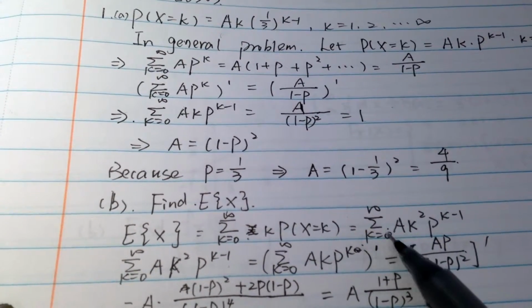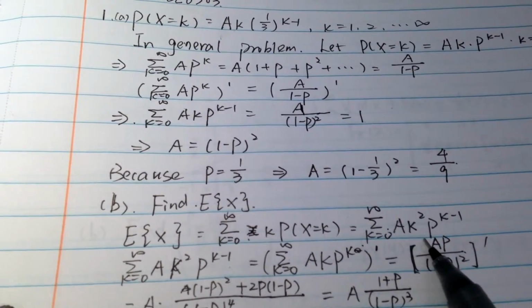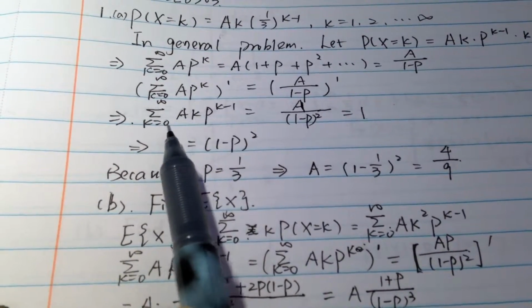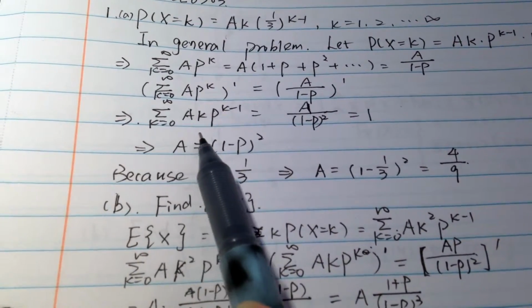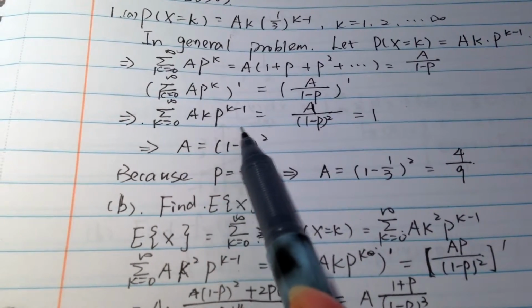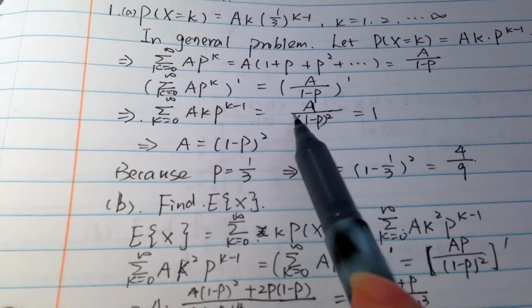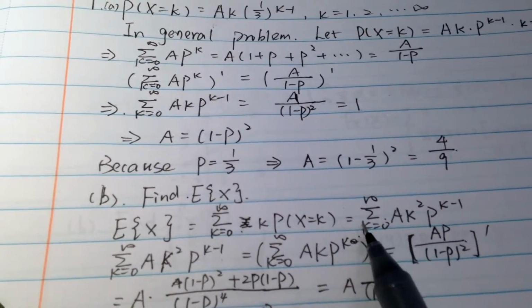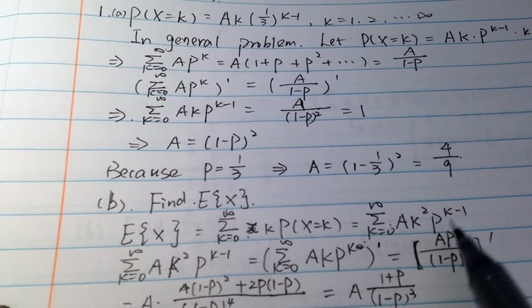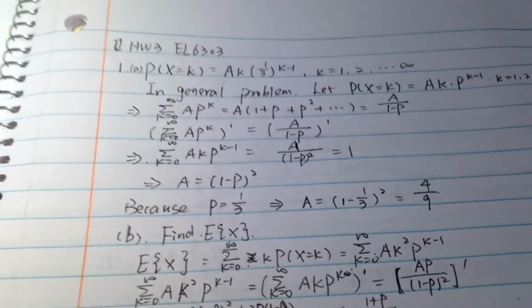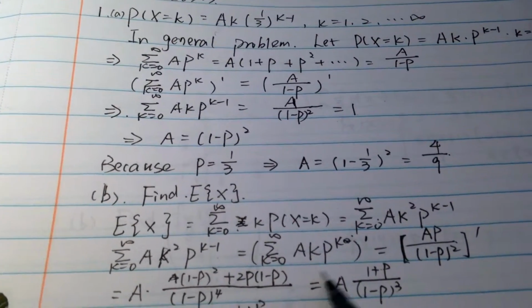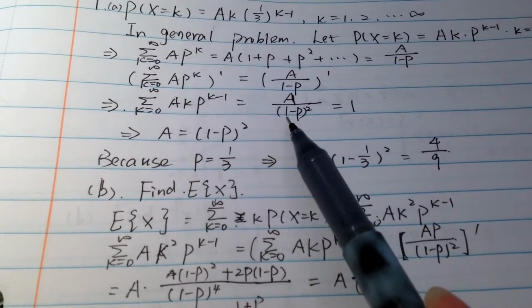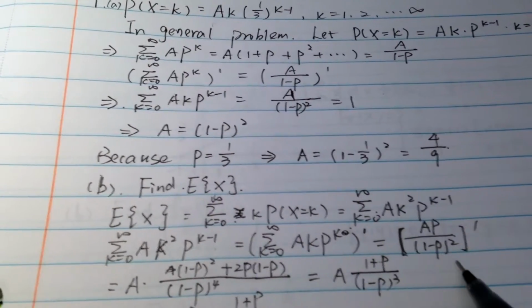And from the last question, we know the sum of a times k times p^(k-1) equal to a over (1 minus p) squared. And if we want to know this formula, we need to differentiate this equation. And this equation is a over (1 minus p) squared times p.